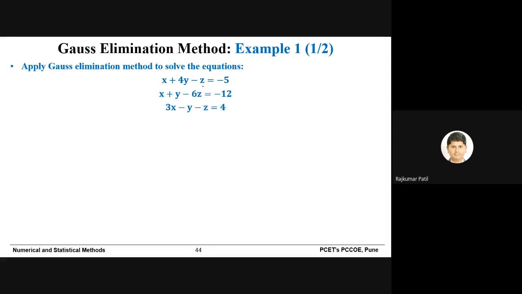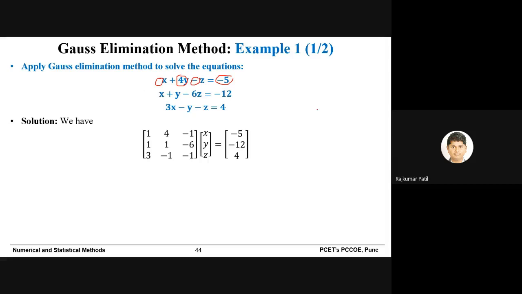In the first equation, 1 is the coefficient of x, 4 is the coefficient of y, and -1 is the coefficient of z, and this is d1, as we generally call it. So these are the coefficients.